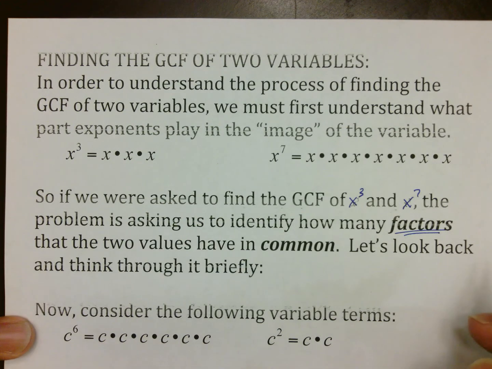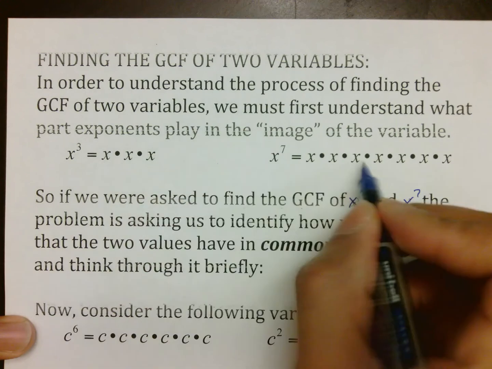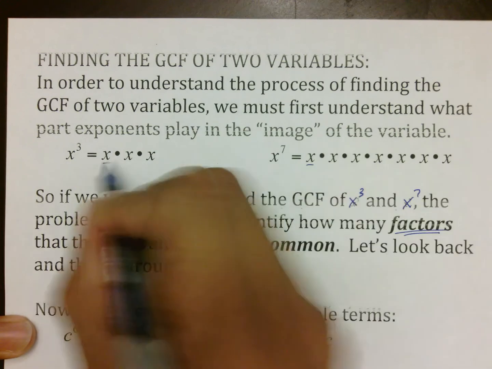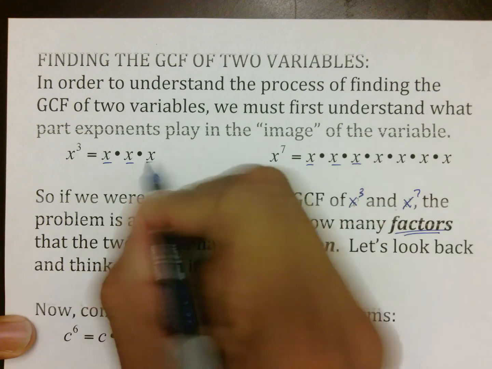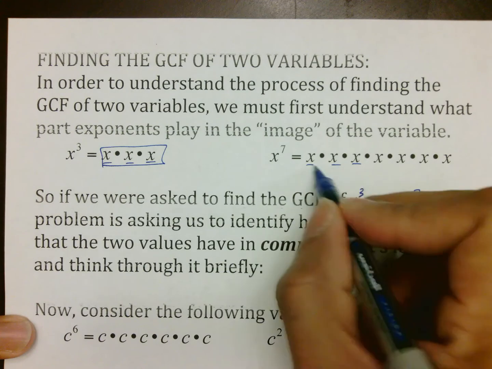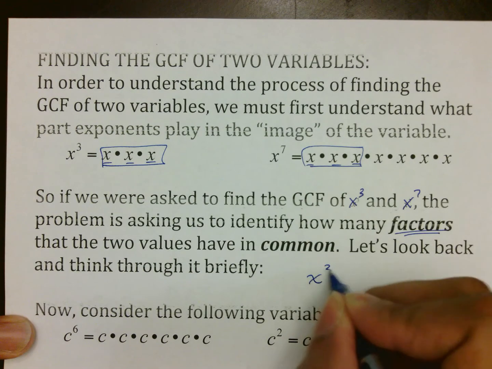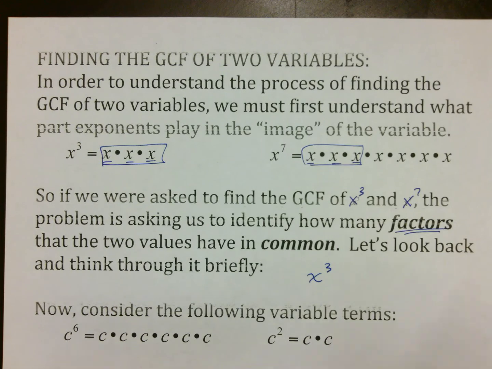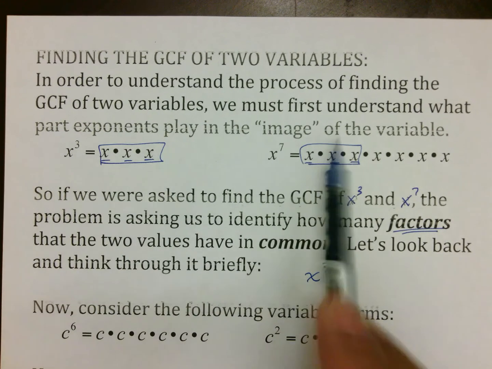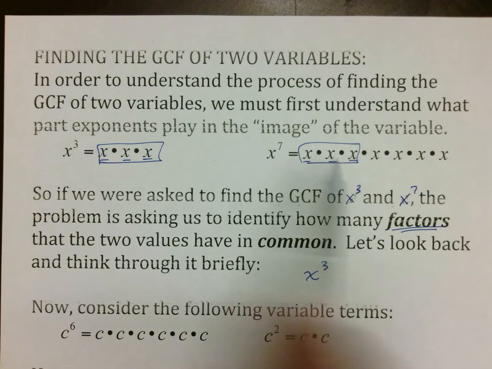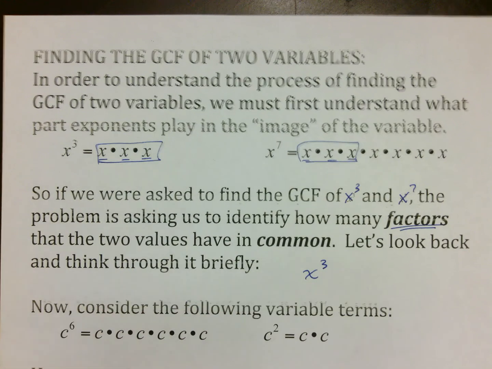So looking back, this is all you do. These two sets of factors have 1, 2, 3 x's in common, and that's it. So your GCF of that would be x to the third. That's all. Knowing that this is 3 x's and that's 7 x's, how many do they have in common? They both share 3 x's.